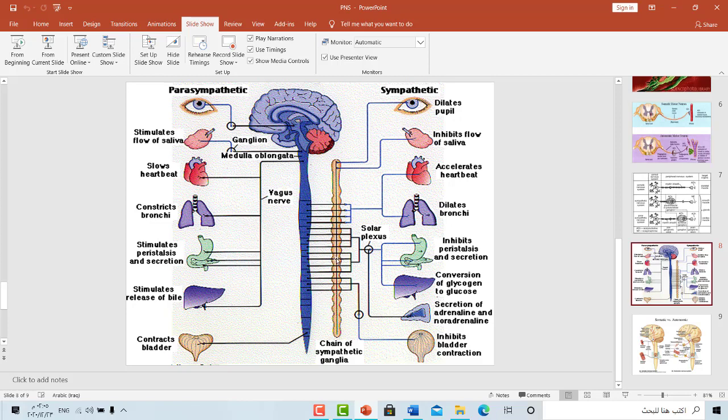The multipolar neurons reach the organs, beginning from the sympathetic, called fight or flight.